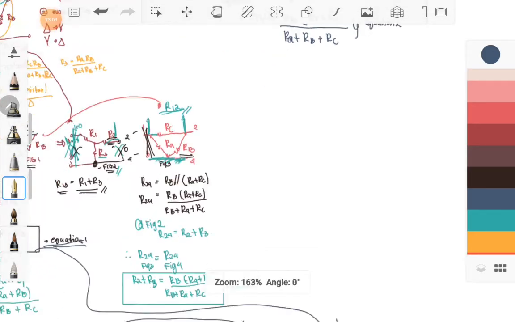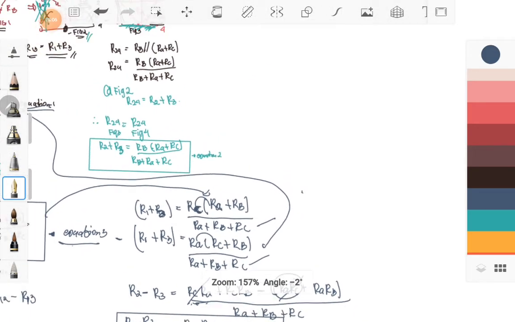And our equation 4 is equal to R2 minus R3.